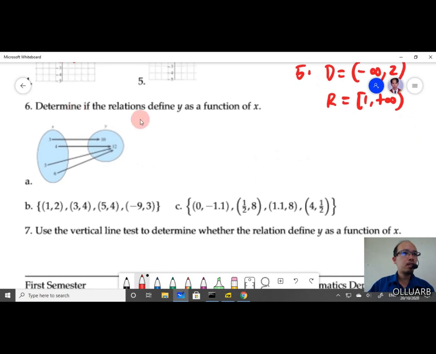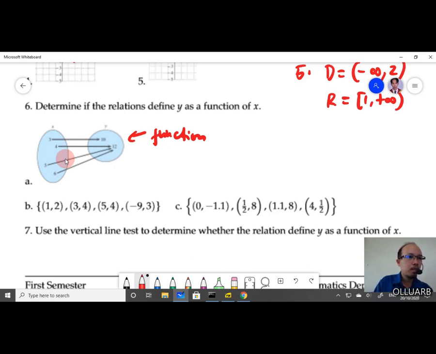For number 6, determine if the relations define y as a function of x. Number 6, so this one, this is a function. Clearly this is a function because as you can see in the domain, there's only one arrow.